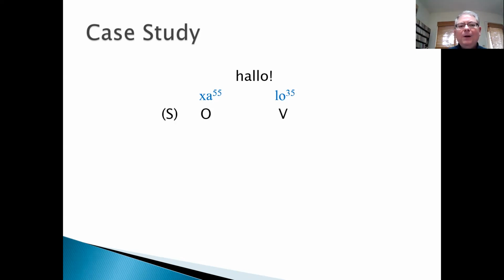Now, let me remind you that Khatso is an SOV language. So the final syllable we expect to be a verb, and the element before it we expect to be the object if it's a noun, and because of zero anaphora, the subject may be missing, especially if it is first or second person.